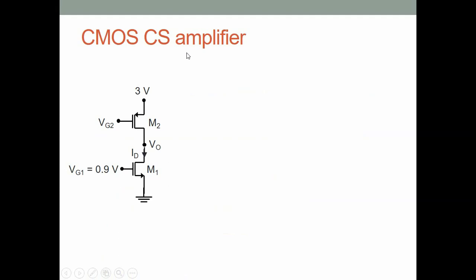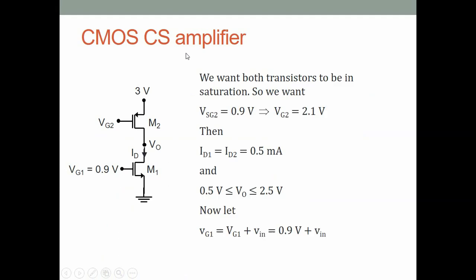So now let us study this in some detail. First we need to bias these so that both the transistors are in saturation, and we have seen this circuit before, in one of the DC analysis lectures, I forget which one. If VG1 is 0.9 volts, then we want to make sure that VG2 is such that M2 is also in saturation.